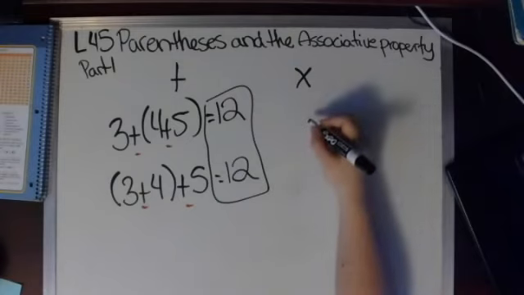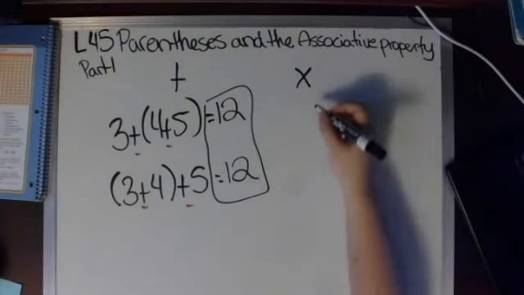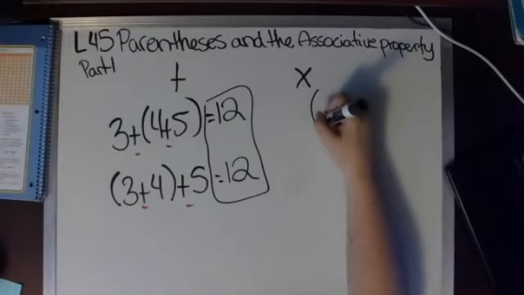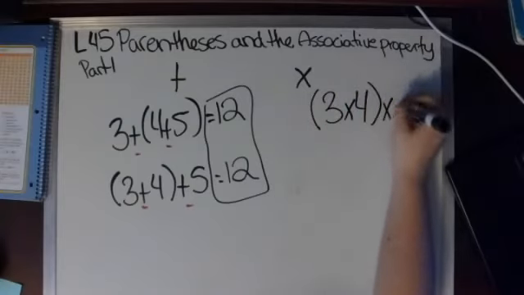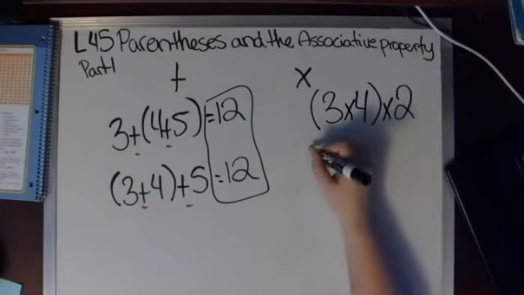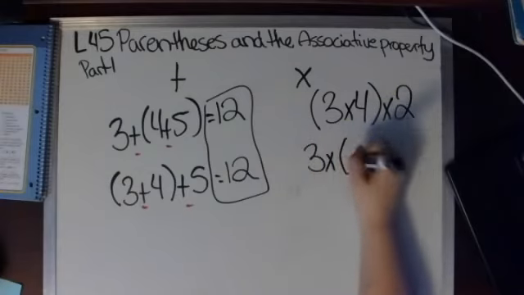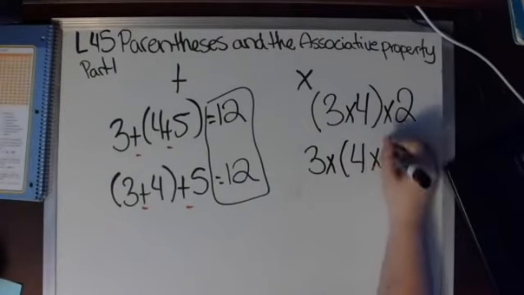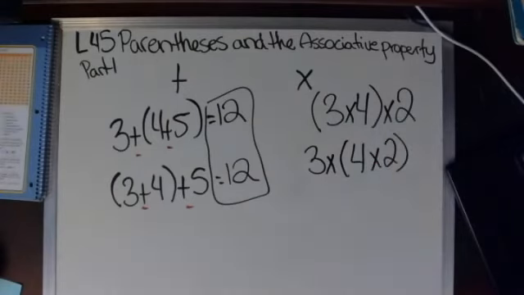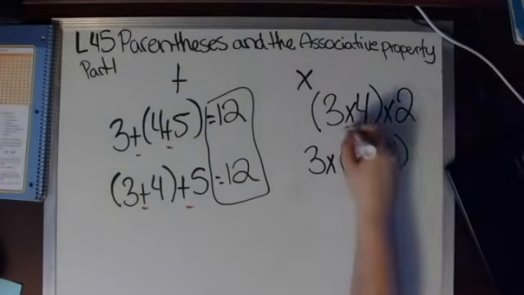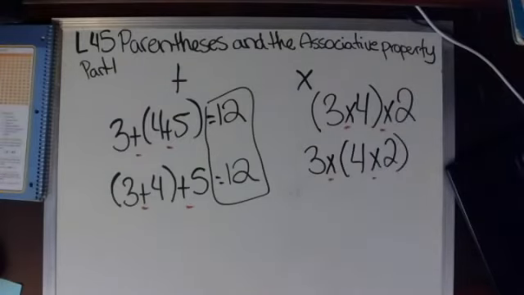So let's look at a multiplication one. A multiplication one could be parentheses 3 times 4 times 2, or 3 times parentheses 4 times 2. Now again, because we are using all multiplication and we are using all the same digits, 3, 4, and 2, the answer will be the same.